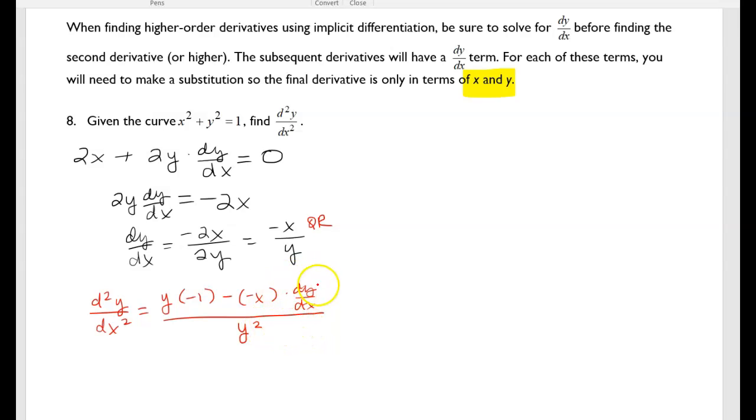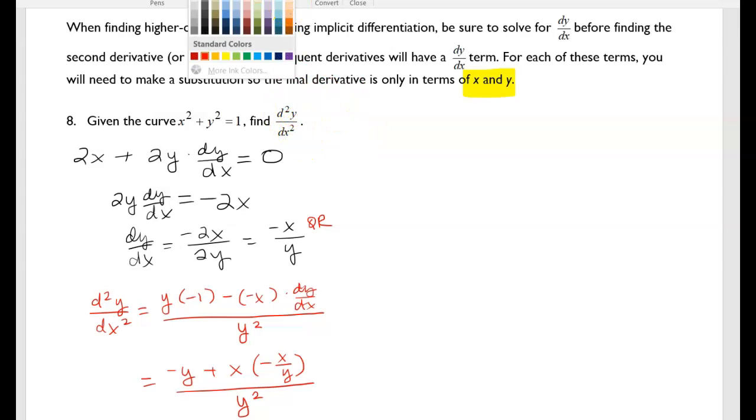I see this dy dx here. I need to plug in what my dy dx was. I can't leave my answer like this. So I have -y plus x times -x over y, all over y squared. Now, again, it's okay to leave your answer like this. However, if you're on a multiple choice, it will not be like this. This part will be simplified.